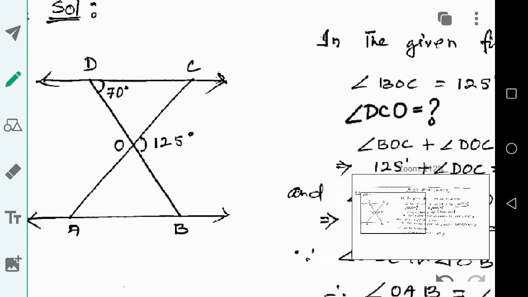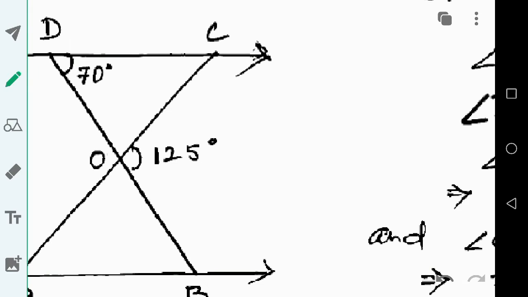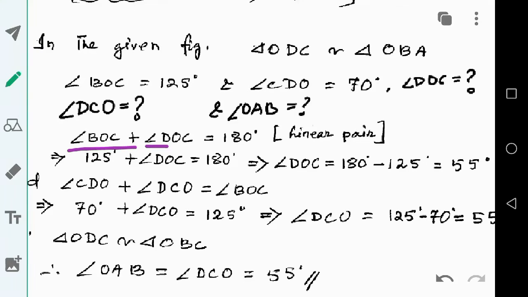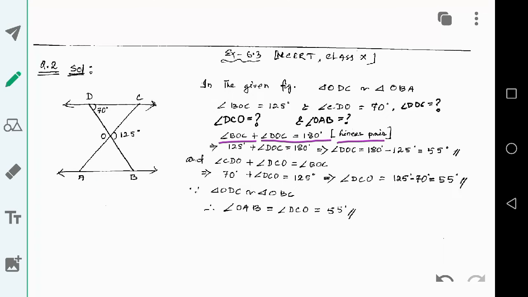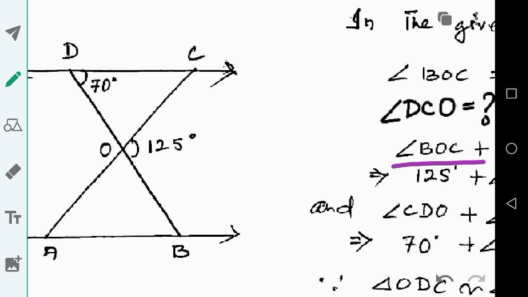So in order to find DOC, we have to use the relation BOC plus DOC is equal to 180. It is a linear pair. Angles DOC and BOC are supplementary, as they form a straight line.